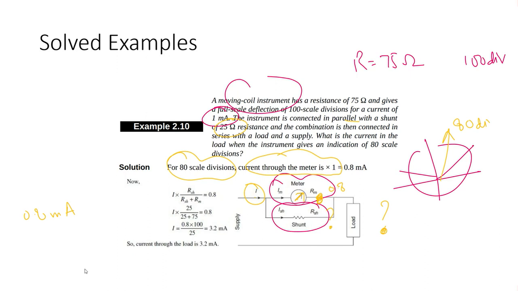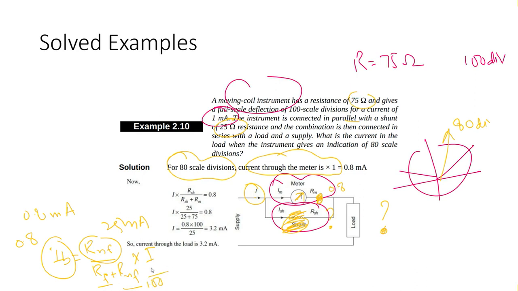So we can say that branch current IB is equal to the resistance in which it is not flowing, divided by the resistance in which it is flowing plus not flowing, multiplied by the total current. This branch current is 0.8. The not flowing side is 25, the resistance in which it is not flowing. So 25 divided by flowing plus not flowing. The flowing resistance is 75 plus 25, so this turns out to be 100.